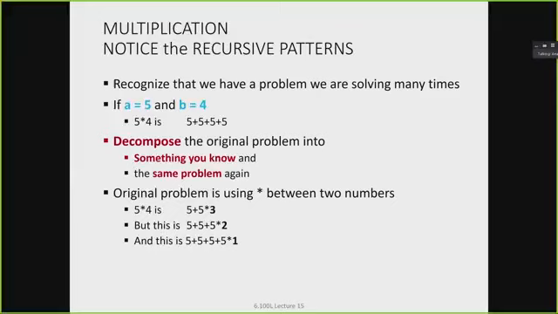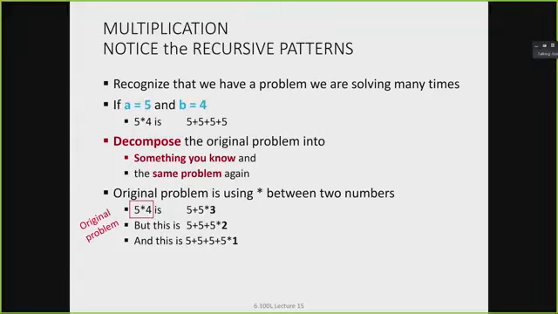The idea of recursion is that we're trying to take our original problem, which is using the star operator between two numbers, and try to solve a very similar problem, if not the same, but in a slightly changed way. Instead of saying, I'm going to multiply 5 by 4, I will recognize that 5 times 4, my original problem, can be rewritten by extracting out one of my 5s.